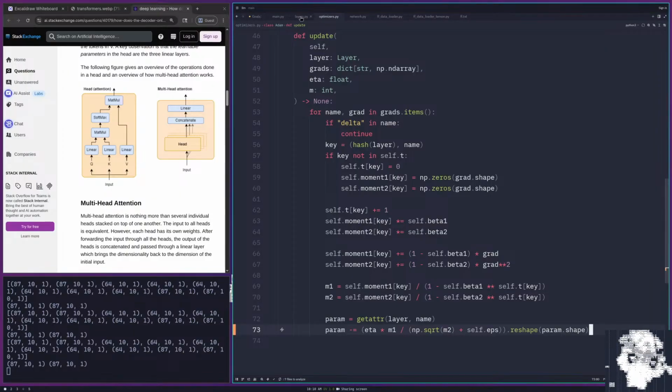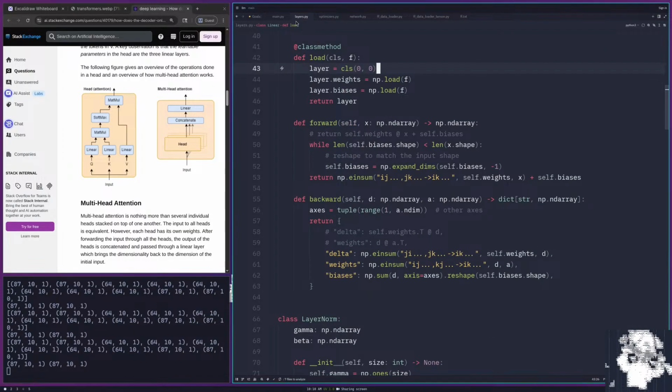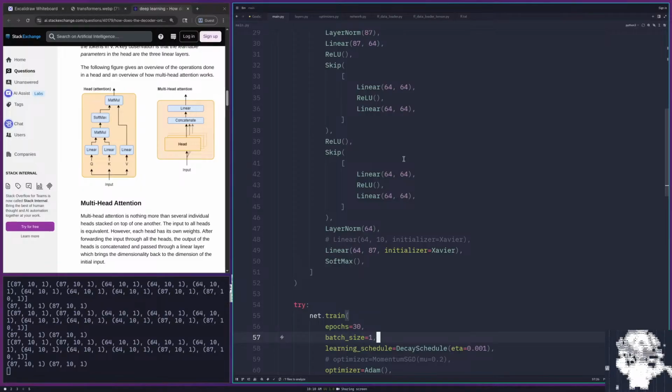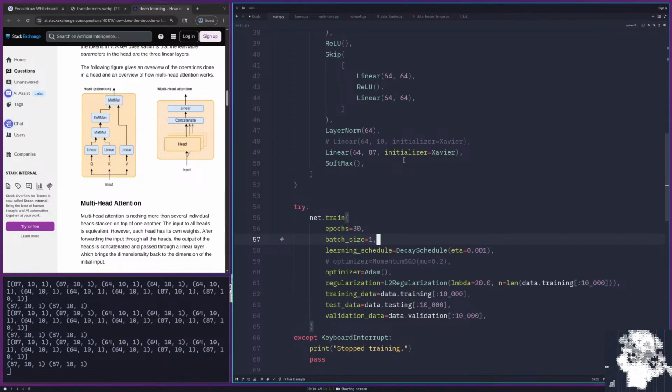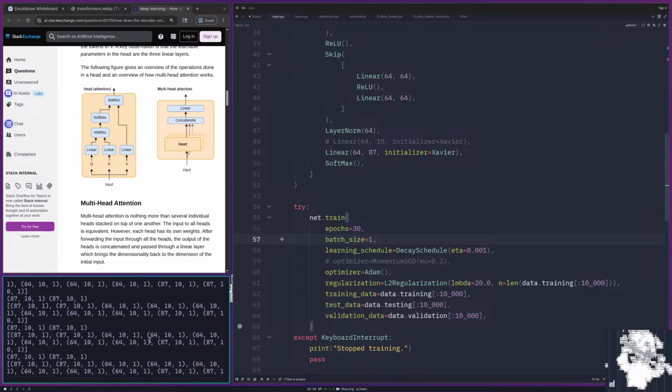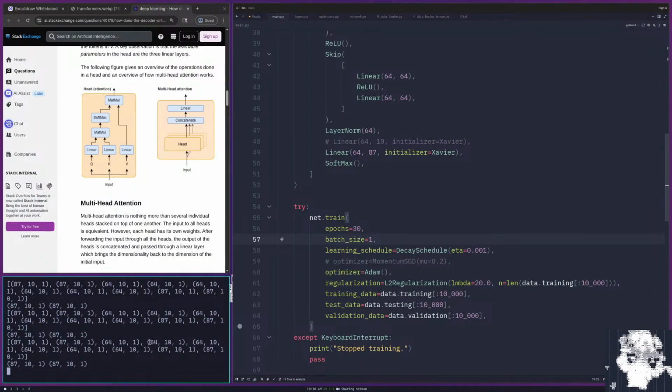Okay, something is happening. With a batch size of 1, this should be fast.